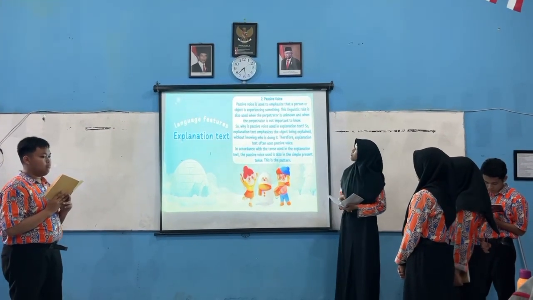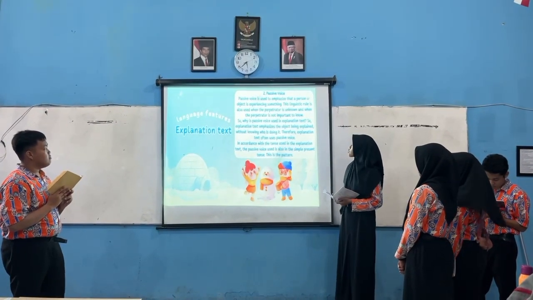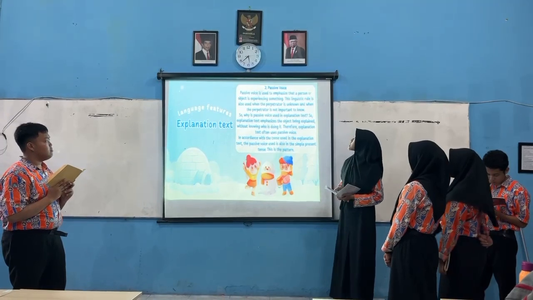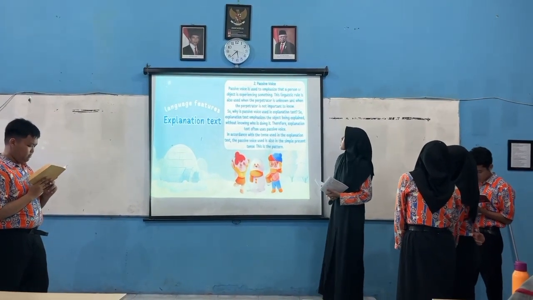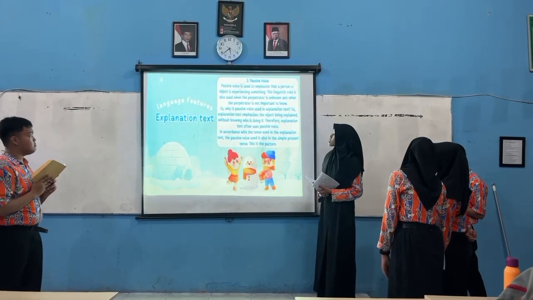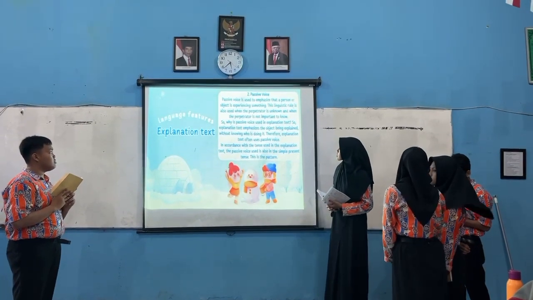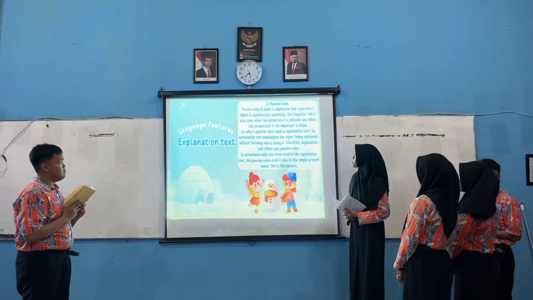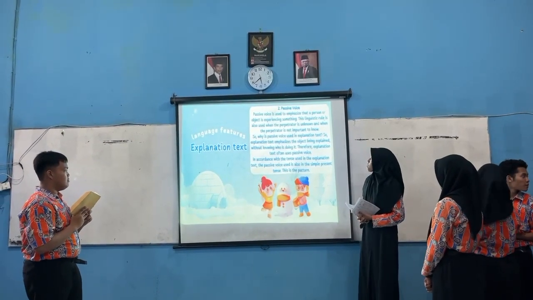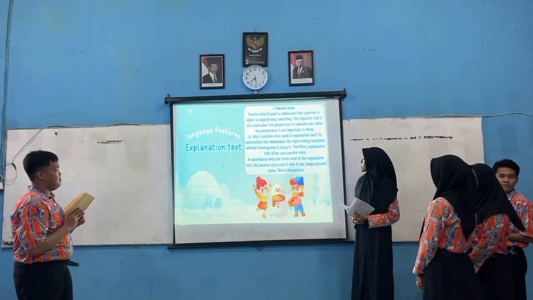The second, passive voice. Passive voice is used to emphasize that a person or object is experiencing something. This linguistic rule is also used when the actor is unknown and when the actor is not important. So, why is passive voice used in explanation text?